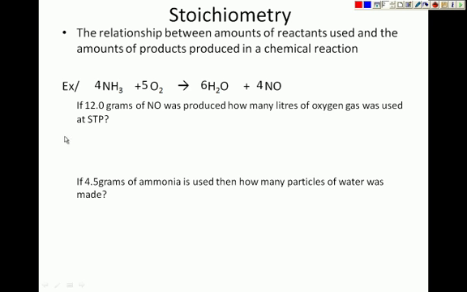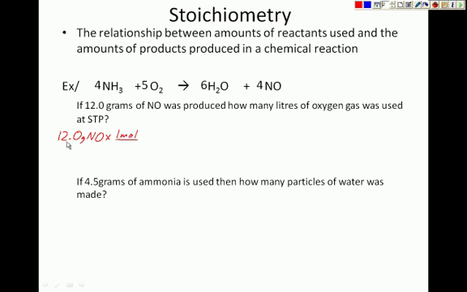So, the first thing we do is write down what we know, which happens to be 12.0 grams of nitrogen monoxide. Now, that is a number that we need to change into moles.